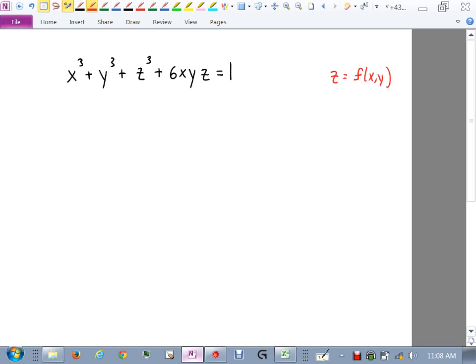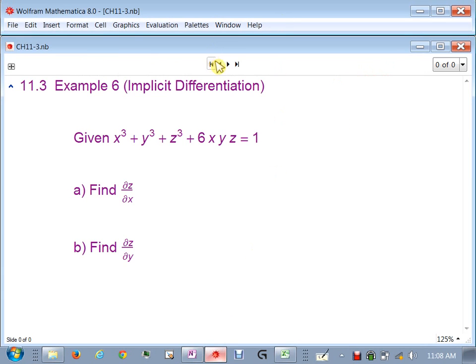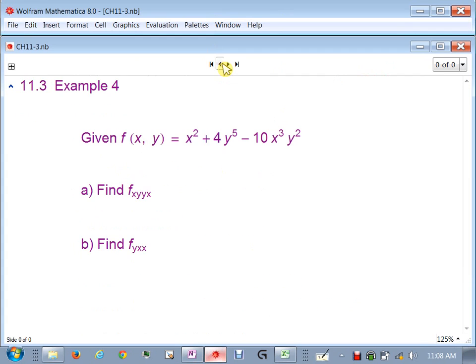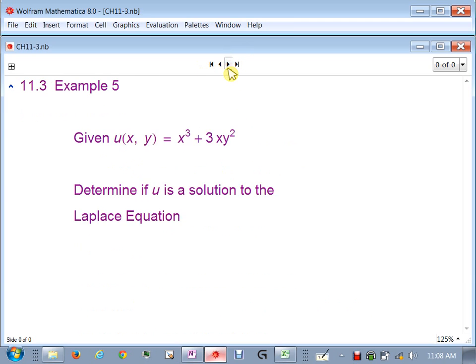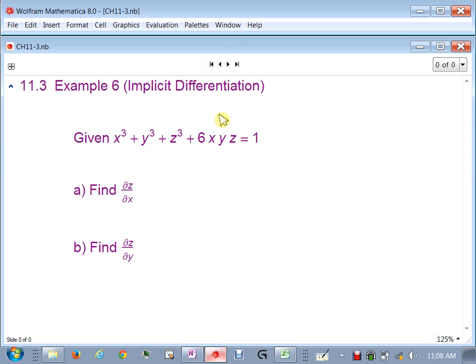And then we would do what we did last class. We did a couple of these, right? I give you f of x, y is this, and then we could find partial derivatives pretty straightforwardly there. But now, in this problem, it's not easy to isolate the z.